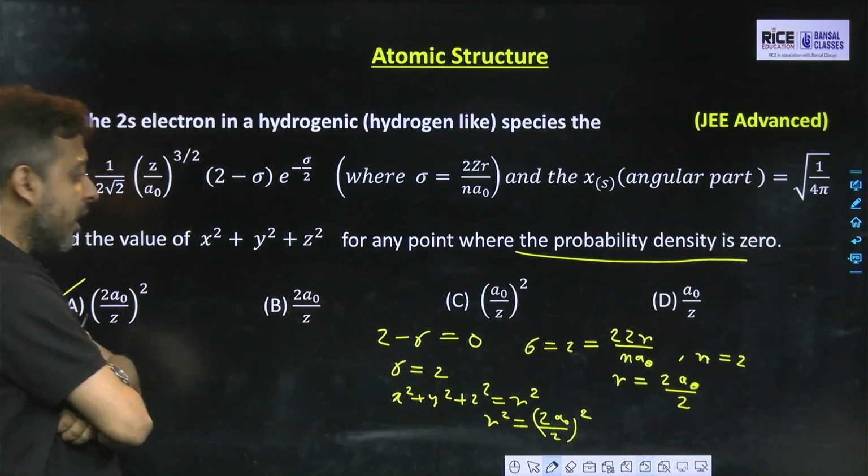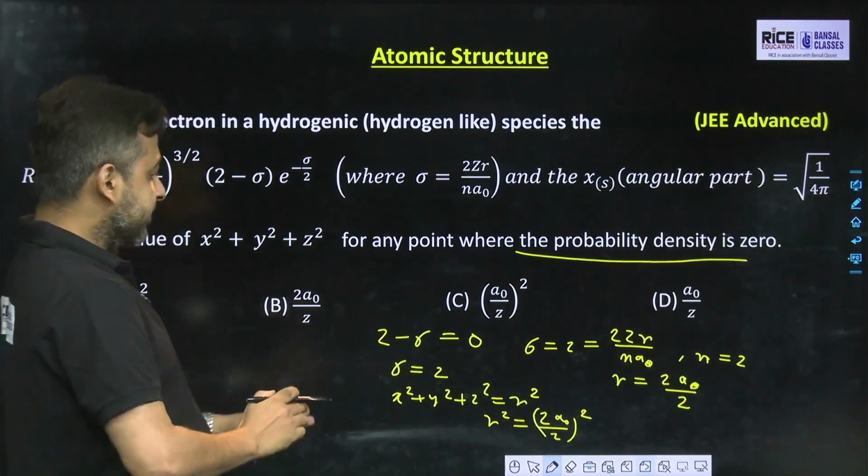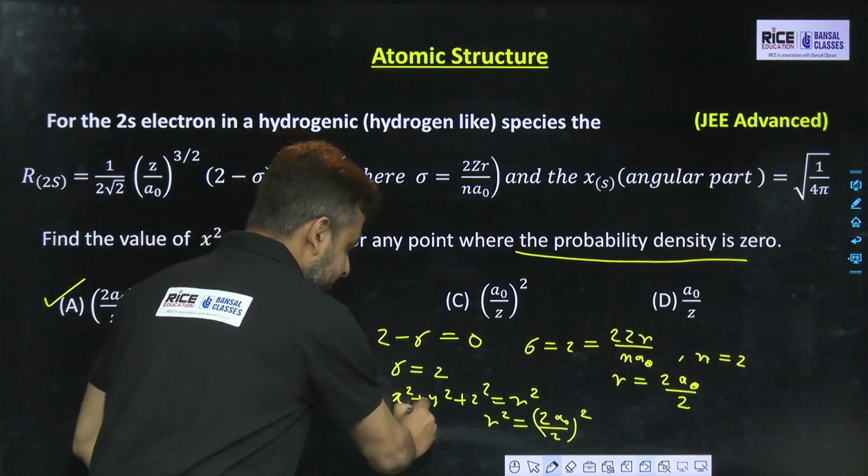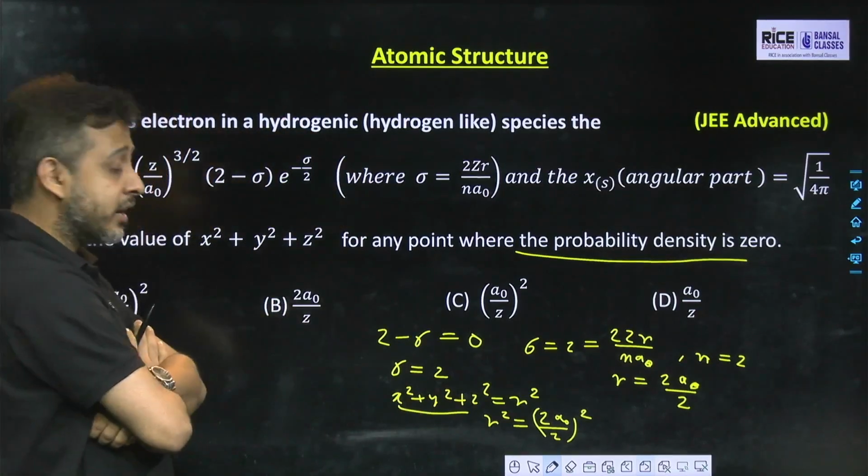Now we just need to know how we derive x square plus y square plus z square equals r square.